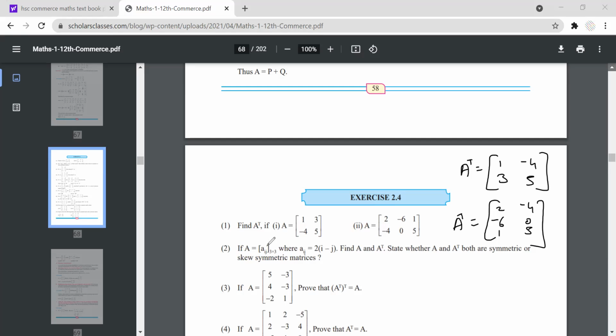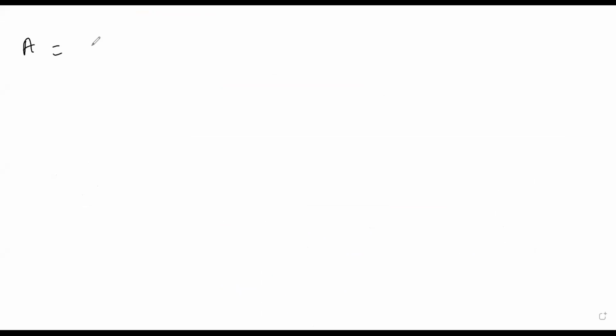Now, if A is Aij, a 3 by 3 matrix, where Aij is 2 into i minus j, find A and A transpose and whether they are symmetric or skew symmetric. अब 3 by 3 matrix है A और relation क्या है, 2 into i minus j. तो A11 मतलब element of first row first column will be 2 into 1 minus 1, that will be 0.